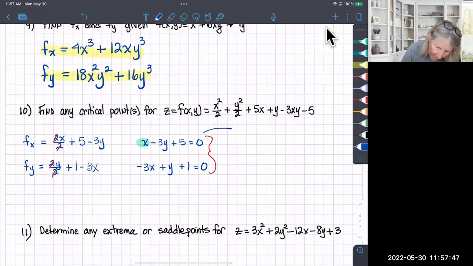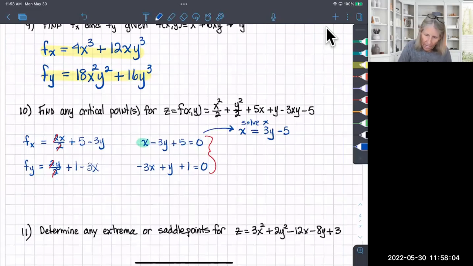I'm going to solve for x. I'm going to keep x on this side, and move over 3y, and subtract over the 5. So I just took this equation and did a little solve for x. And now I'm going to substitute 3y minus 5 in for the x in the other equation. So I've decided to use substitution here.